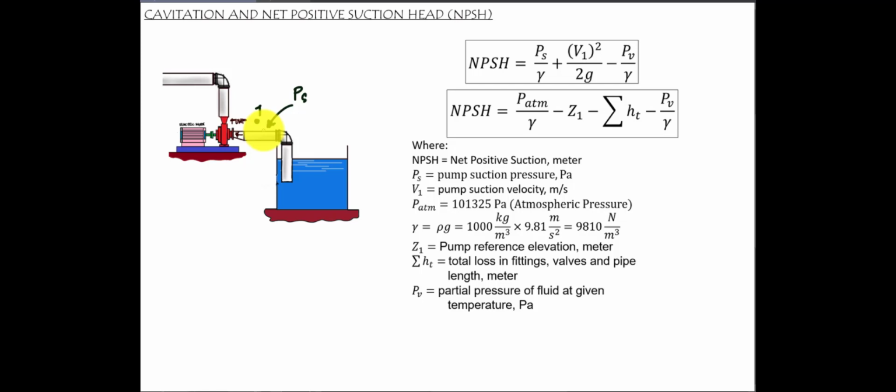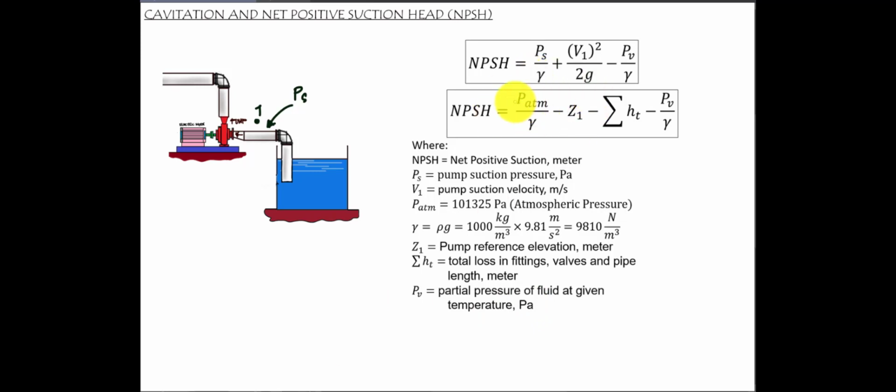It is raised to the square, then divided by 2 times the gravity, 9.81, minus PB, the partial pressure of the fluid at a given temperature in Pascal, divided by the specific weight of the liquid.